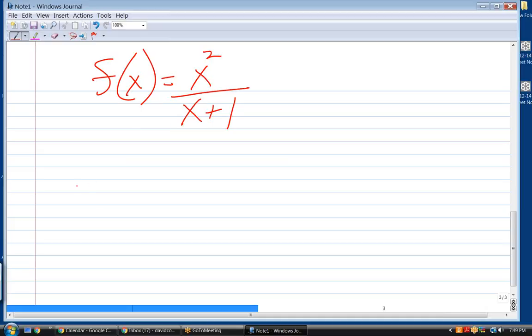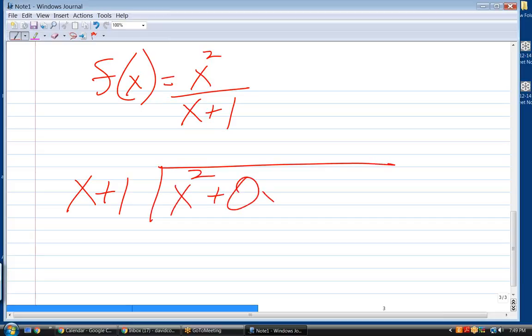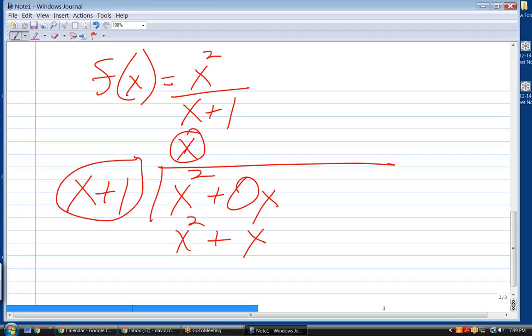When you divide these, just like this, go ahead and divide these for me. What goes here? So x. And then what goes here? X squared plus x, because I have to multiply that by both of those. Start out by only dividing that into that, but then whatever you get, you multiply by everything.